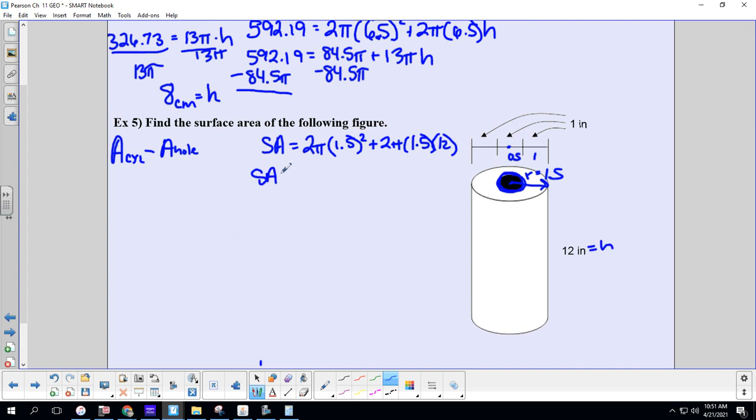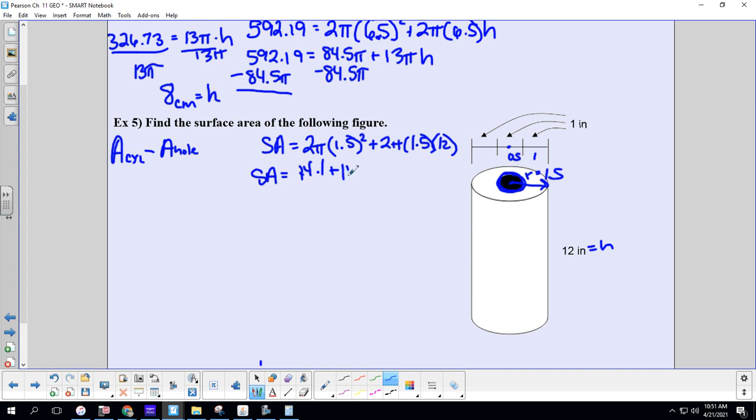So let's go ahead and squish all these numbers together. I'm going to go ahead and find the approximation. So in my calculator, I'm going 2 times pi times 1.5 squared, and that's about 14.1, and 2 times pi times 1.5 times 12.